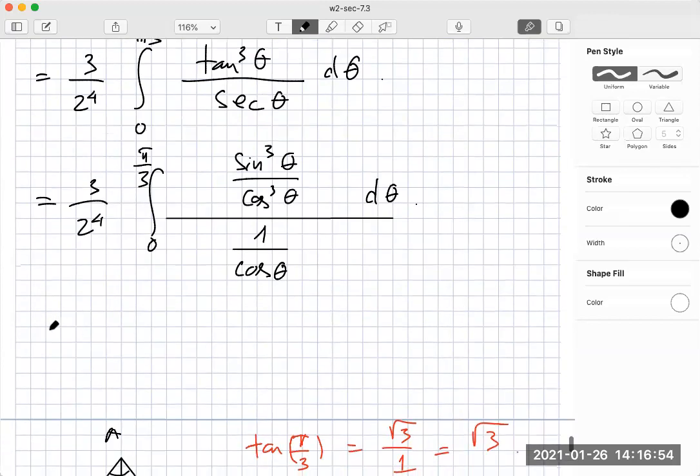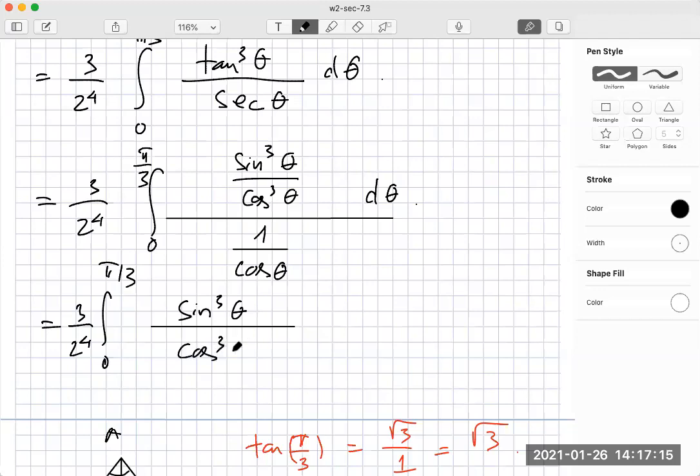If we do this, then what do we have? Sine cubed theta. And the denominator becomes, let us write this slowly, multiply with the reciprocal of 1 over cosine, right?